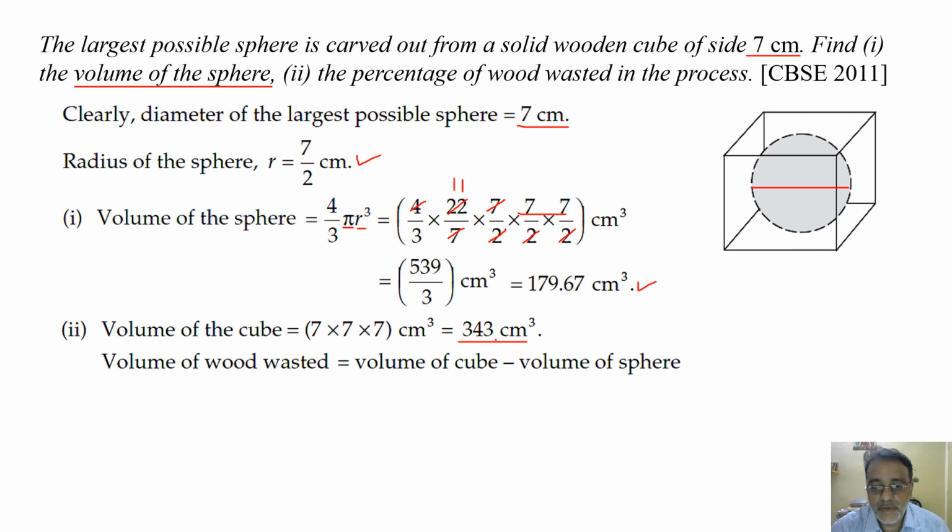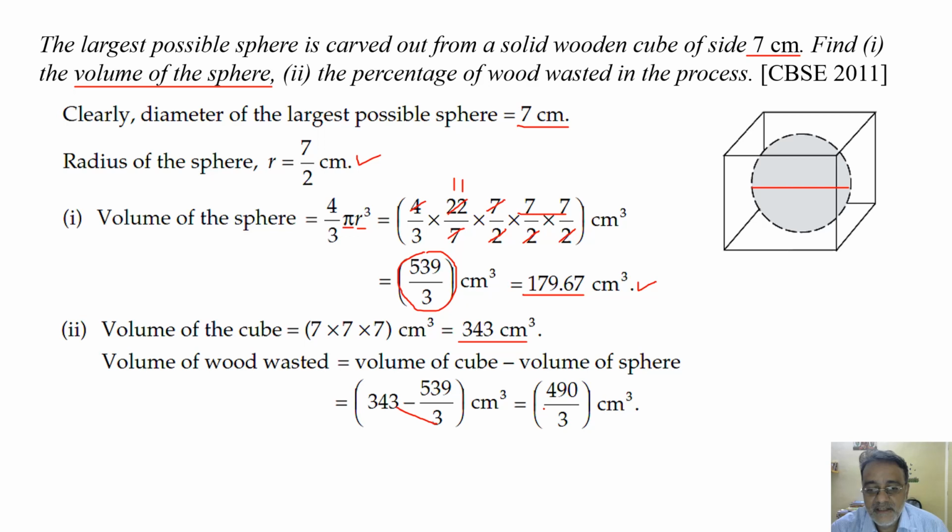Okay, volume of cube we have is 343 and volume of sphere we also got 179.67, but this is in decimal, that is why we are going to take this part, 539 by 3, and subtract. Okay, so 343 into 3 minus 539, so we are going to get 490 by 3. Okay, 490 by 3. So 490 by 3 is the volume of wood wasted.